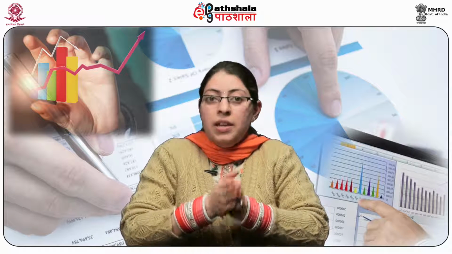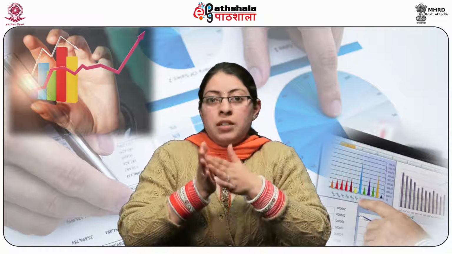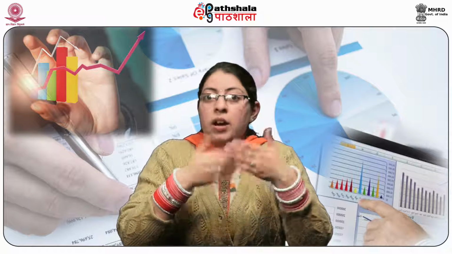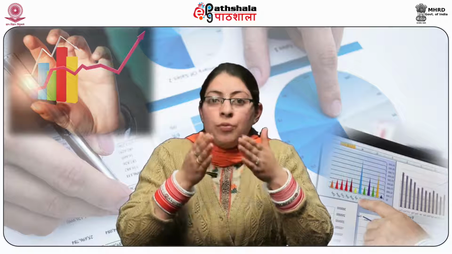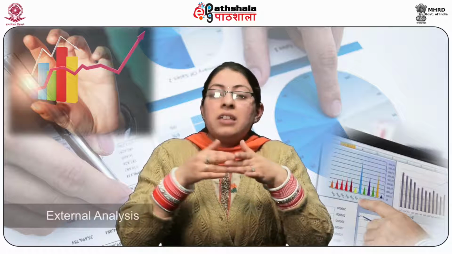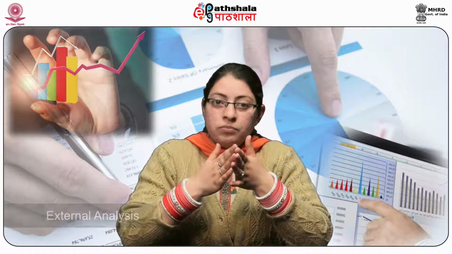However, the recent changes in the company regulation, in which it is mandatory as per the Companies Act 1956 to make available more detailed information to the public through audited published accounts, have considerably improved the position of external analysis.